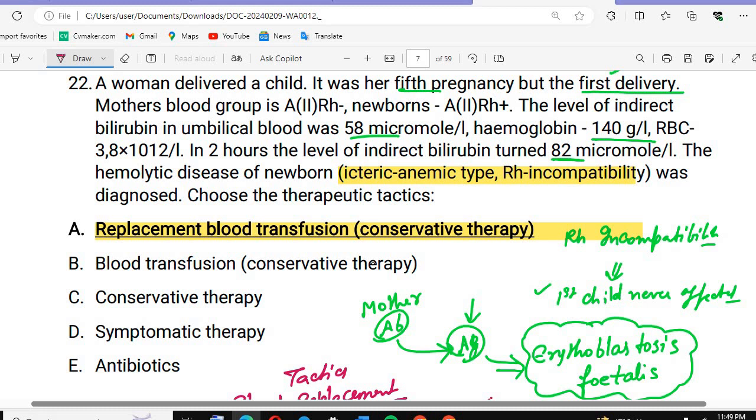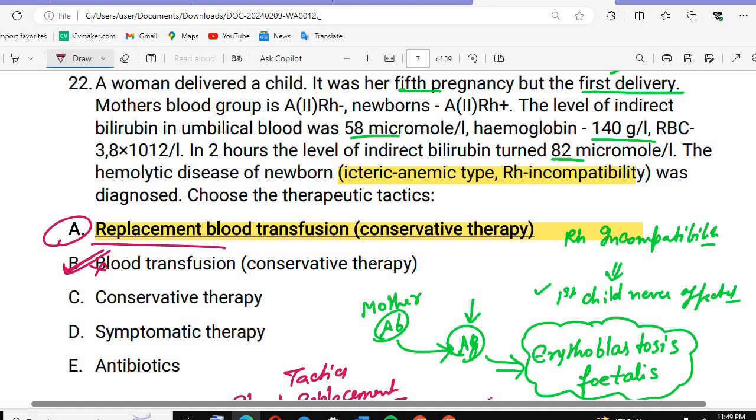That's why the correct answer according to them should be this. We know that both options are right, but still we need to replace that blood. That's why the answer is there. It can also be a possible answer.